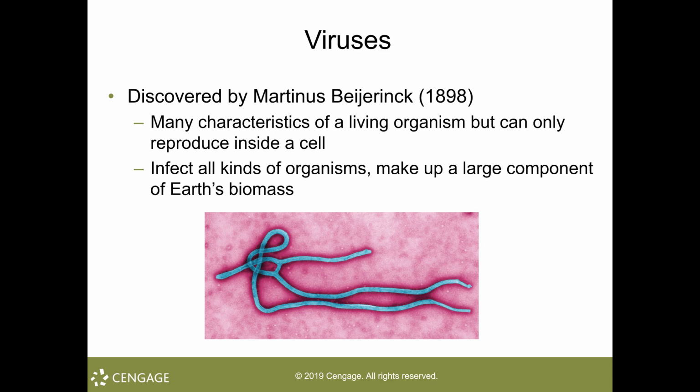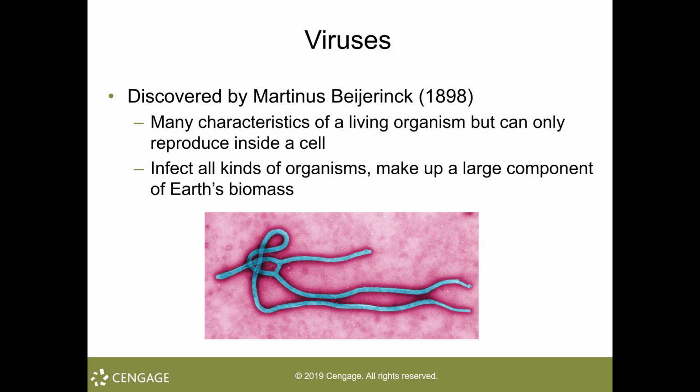Viruses make up a large component of Earth's biomass, and their huge numbers make up for their small size and weight. Viruses influence many ecological processes. For example, they kill large amounts of marine biomass each day, contributing significantly to the recycling of carbon and nutrients. Viruses adapt to their environments through evolution.